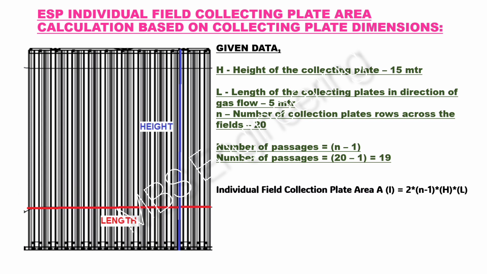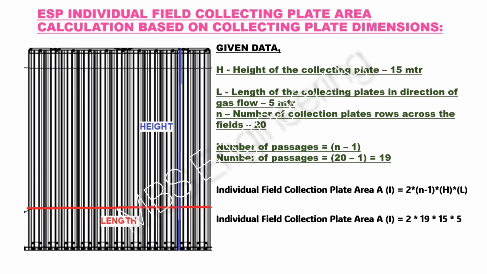Next, the individual field collection plate area calculation equation, as given below. Individual field collection plate area, AI, is equal to 2 multiplied by number of passages, multiplied by height, multiplied by length. Individual field collection plate area, AI, is equal to 2 multiplied by 19, multiplied by 15, multiplied by 5.